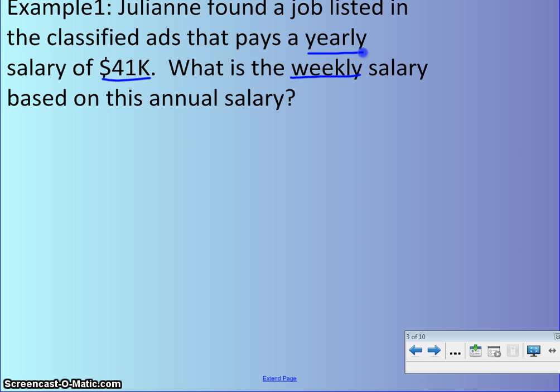So the first question here is, what does the K mean here? K equals 1,000. So in this case, because there are 41K, there are $41,000 that goes here, and that's what Julianne earns in a year. And it says, what is the weekly salary?